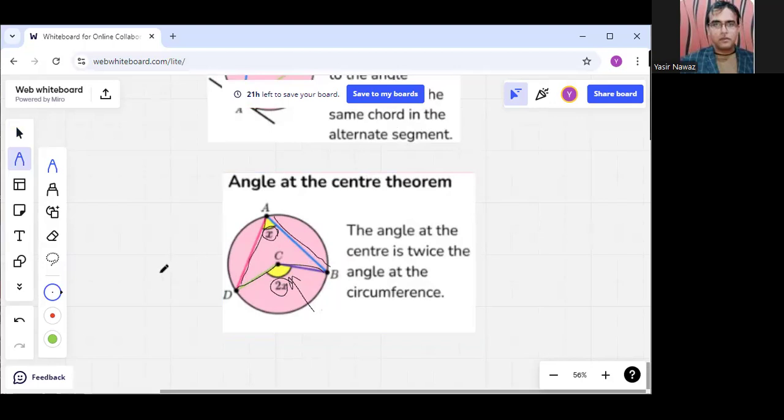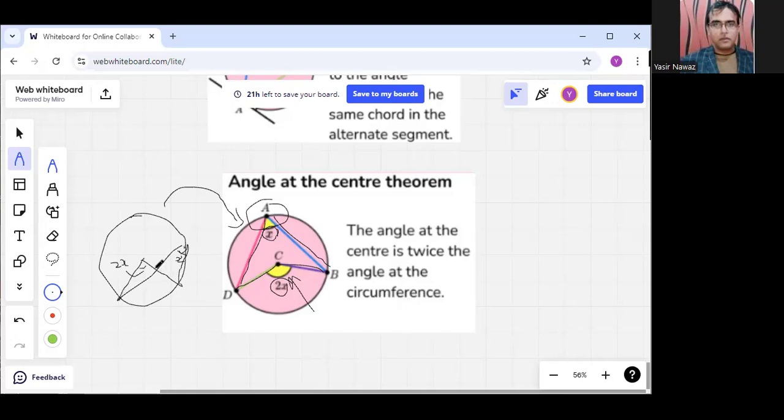Remember that you will not necessarily always have this kind of situation. Suppose I construct a circle in which this is the center O, and then instead of this point A, I choose the point here. Again it will have a similar situation, where this angle and that angle have a relationship: if this angle is x, then the angle at the center would be 2x.